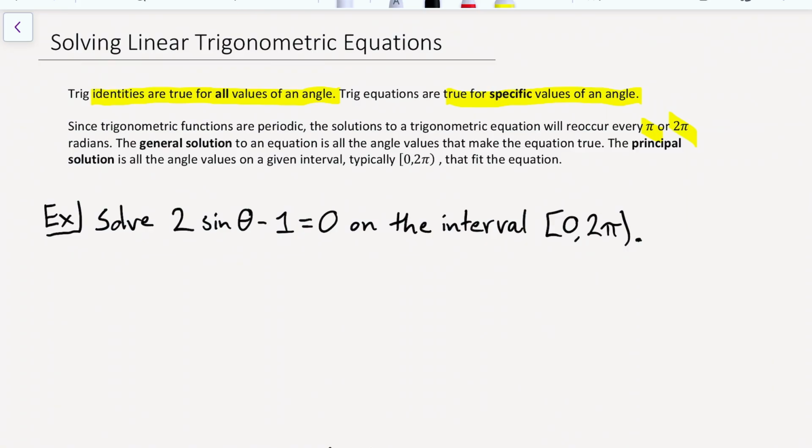Let's say I want to solve 2 sine theta minus 1 equals 0 on the interval 0 to 2 pi. So this means I'm going to give the principal solutions that lie within that interval. Just like I would begin an algebraic equation by solving for x, let's try to isolate here the trigonometric part of this equation.